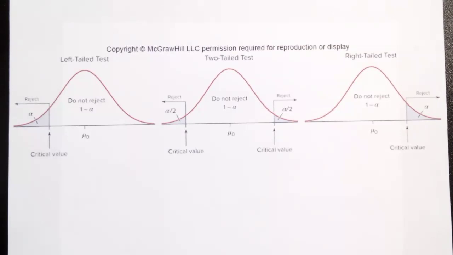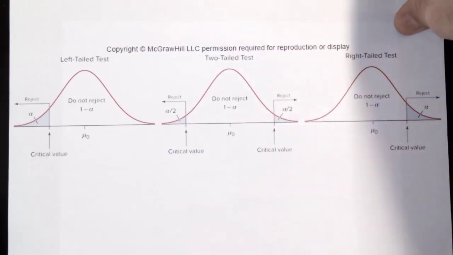So it depends on whether we're testing a mean or a proportion, and if we're testing a mean, whether we know anything about the population standard deviation. But the advantage is that the decision-making process is exactly the same as it was for confidence intervals.